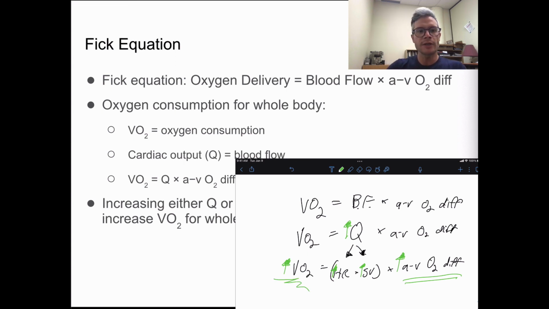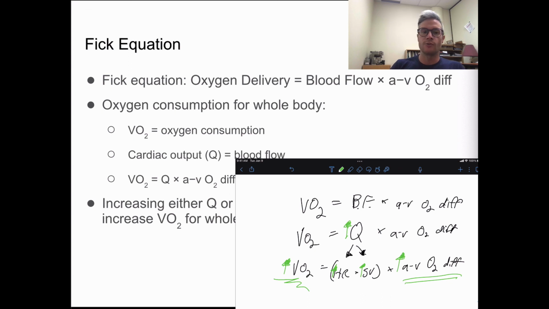Okay. All right. So that was again two important components in one concept that pulls together a number of different concepts that we've gone through. So cardiac output, as well as our oxygen consumption and how well oxygen delivery occurs within our body.